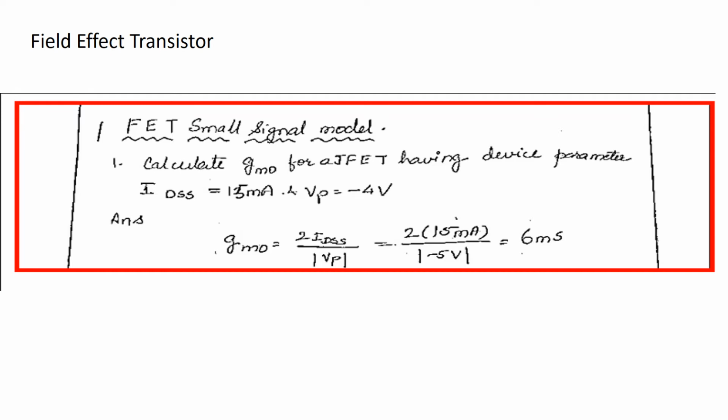So gm0 is given by the relation 2 IDSS upon the absolute value of the pinch-off voltage. That gives you an answer of 6 millisiemens or 6 millimho.